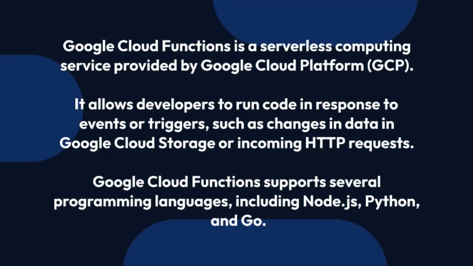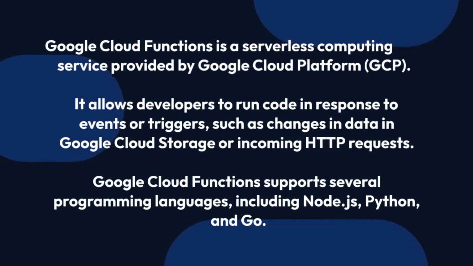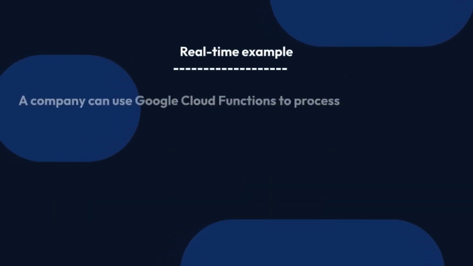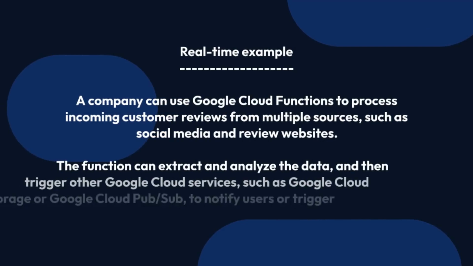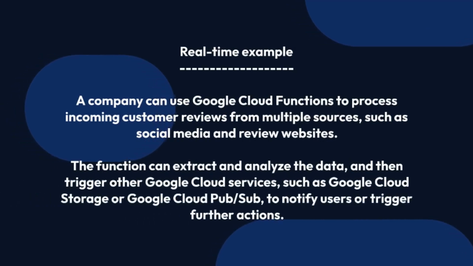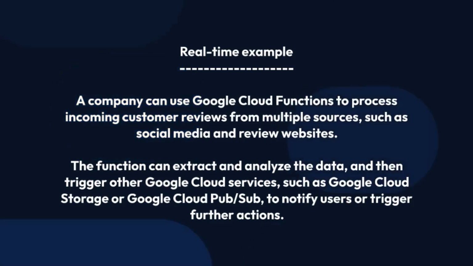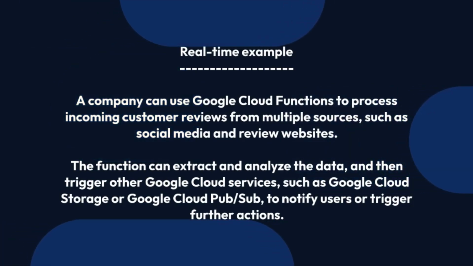Google Cloud Functions supports several programming languages such as Node.js, Python, and Go. Now you can go through this example for Google Cloud Functions to process incoming customer reviews from multiple sources. These sources can be anything like social media and review websites.